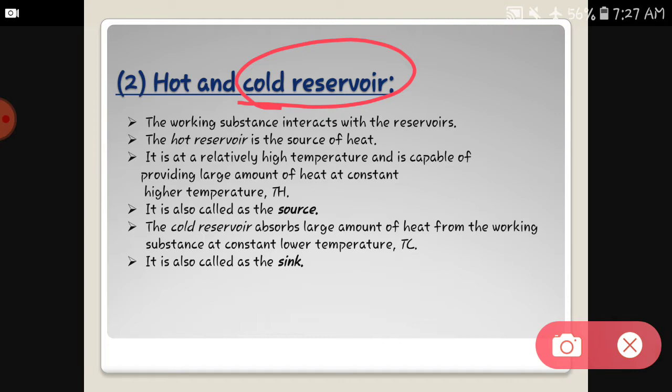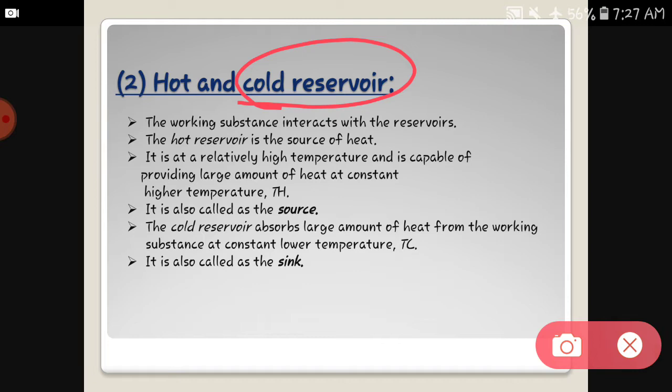What does the hot reservoir do? It gives out heat to the engine, to the working substance, and it is at higher temperature, so it is known as TH. And the cold reservoir absorbs a large amount of energy and cools down the heat engine. That is the cold reservoir and it is known as sink.